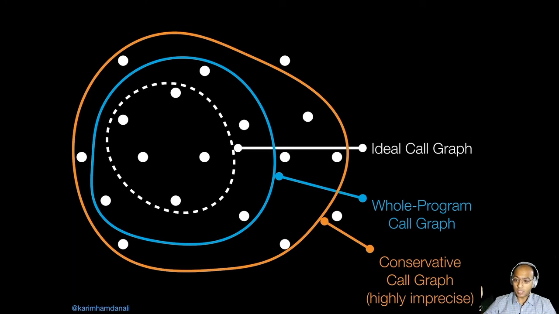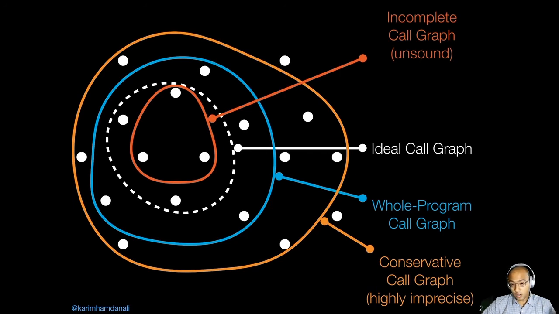I'm just going to assume it can do whatever it wants with my code, and I'm going to be conservative about it. But this would yield a highly imprecise call graph, because what that assumption says is, if this code can do anything to your program, it can create any object, modify any field, call any method, so the interactions are quickly going to generate a lot of false positives for the call graph. And this would just increase the imprecision of the call graph.